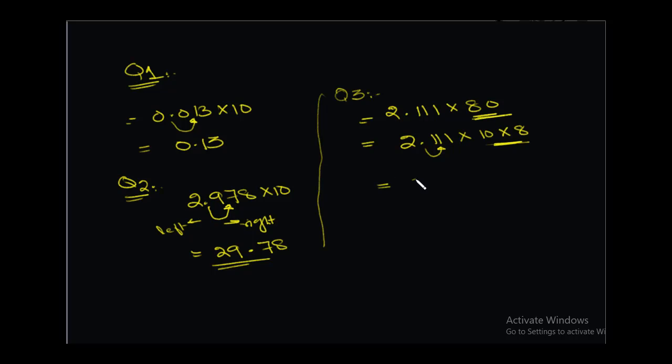So this will be 21.11 multiplied by 8. So I will multiply this 8 with this number. 8 ones are 8, 8 ones are 8, 8 ones are 8, and 8 twos are 16. So this is the answer of this question, showing how we multiply a multiple of 10 in this type of question.